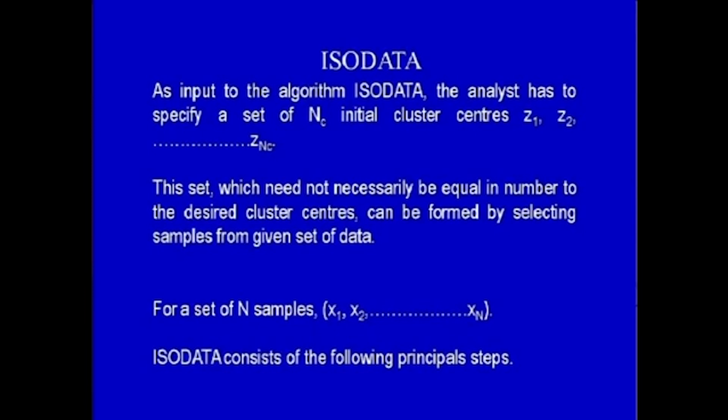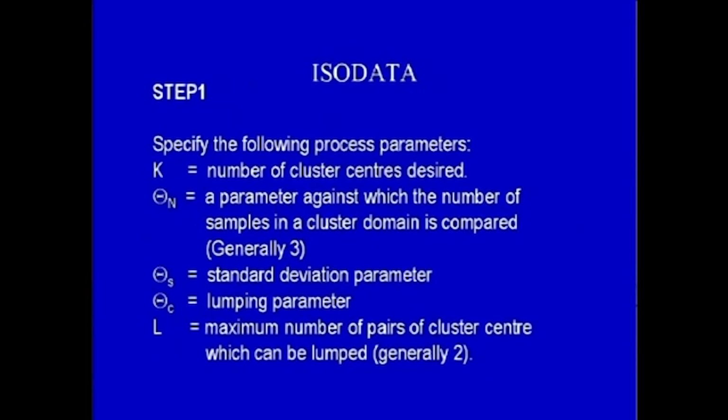This set, which need not necessarily be equal in number to the desired cluster centers, can be formed by selecting samples from the given set of data. For a set of n samples x1, x2 and so on to xn, ISODATA consists of the following principal steps.